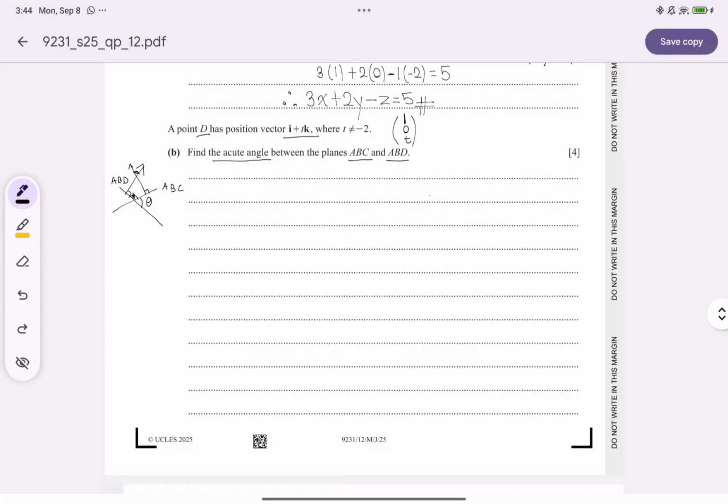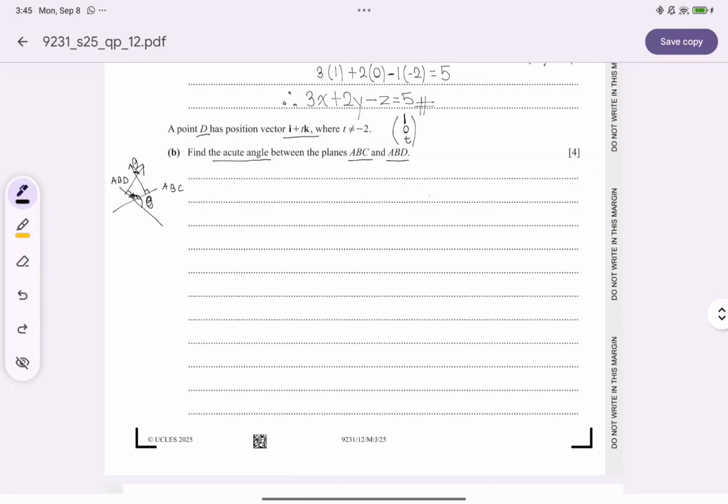So if we get an acute angle as the angle between the normals, that would also be the angle theta that we're looking for here.